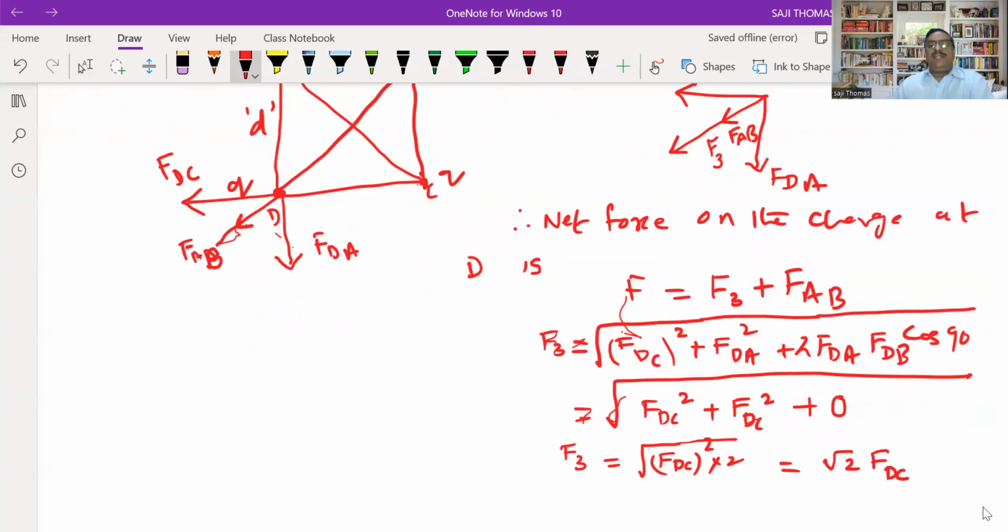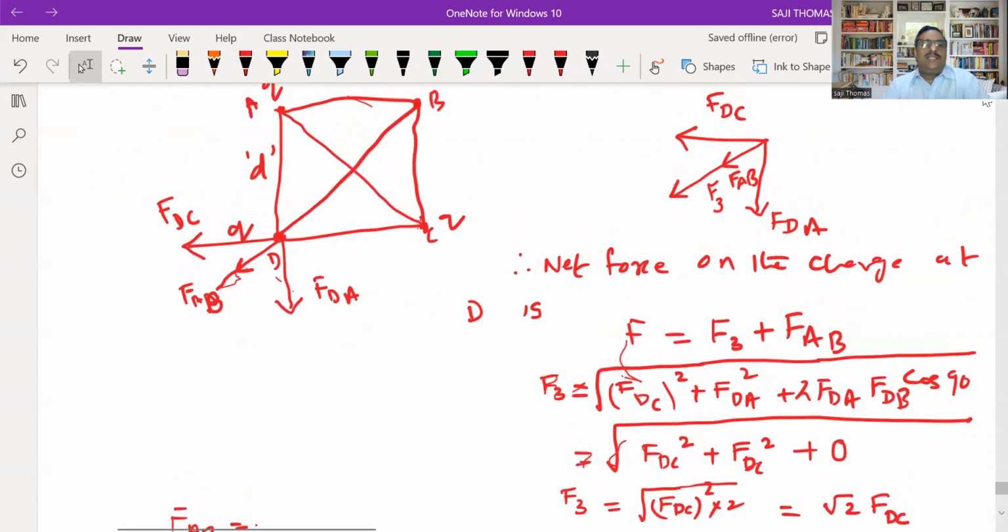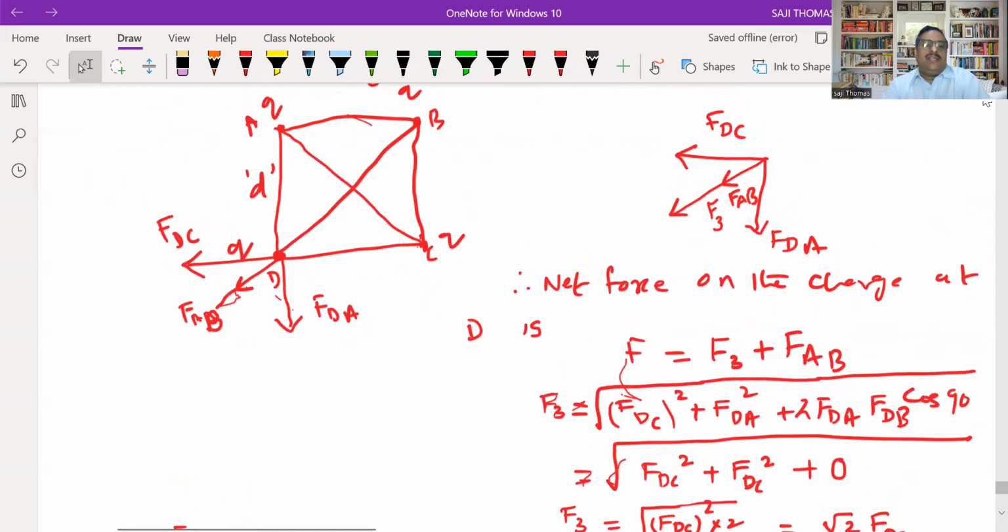Now, what is FAB? FAB is the force between the charges B and D. So what is the distance between B and D?